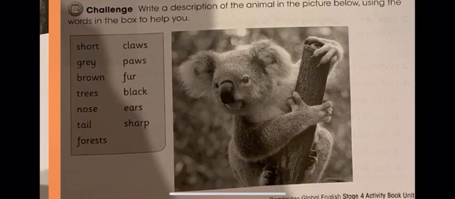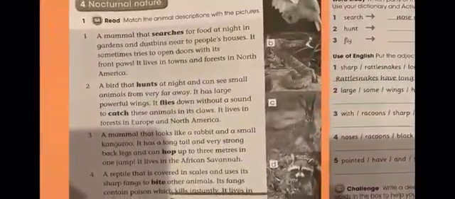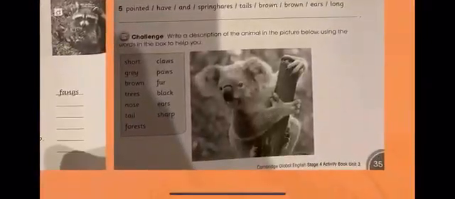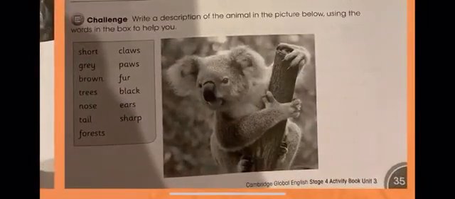It's written: short, gray, brown, trees, nose, tail, forest, claws, paws, fur, black, ears, sharp. It's very easy to describe this animal using these adjectives and the description I have given you. Just write a description this way, like they have given the descriptions of these four animals. You have to write a description for this animal. It's quite interesting.